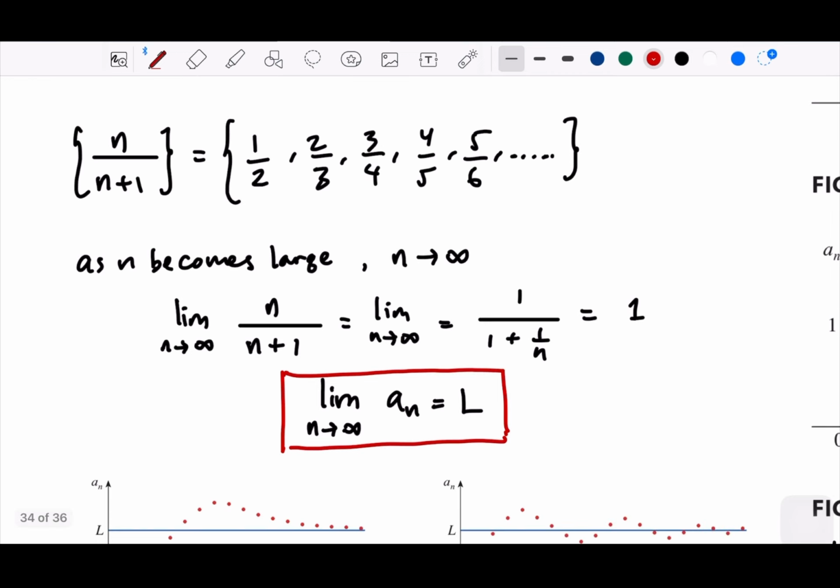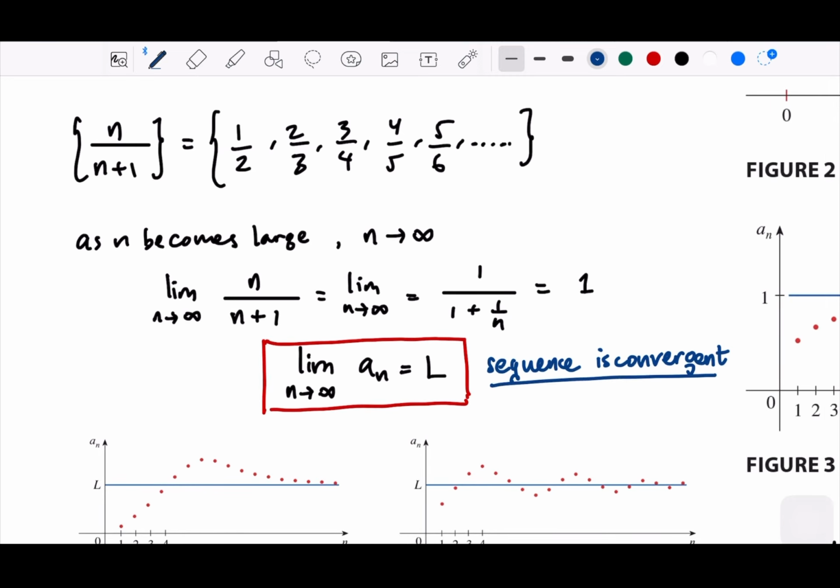So we say that this limit converges, or the sequence converges, or is convergent. So we could write an getting to L as n gets infinite.